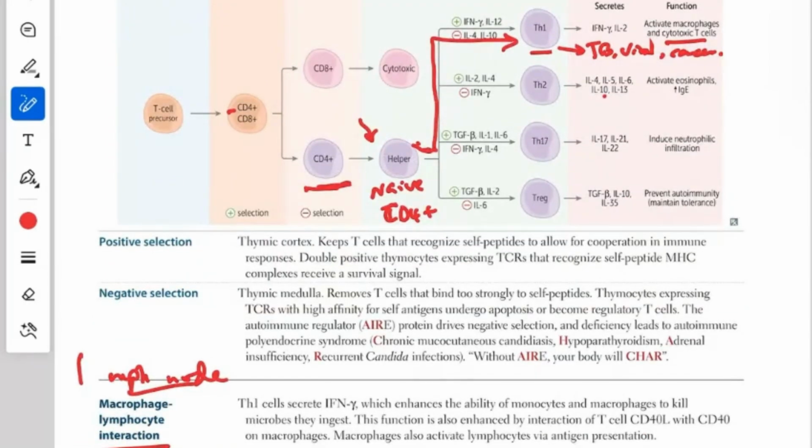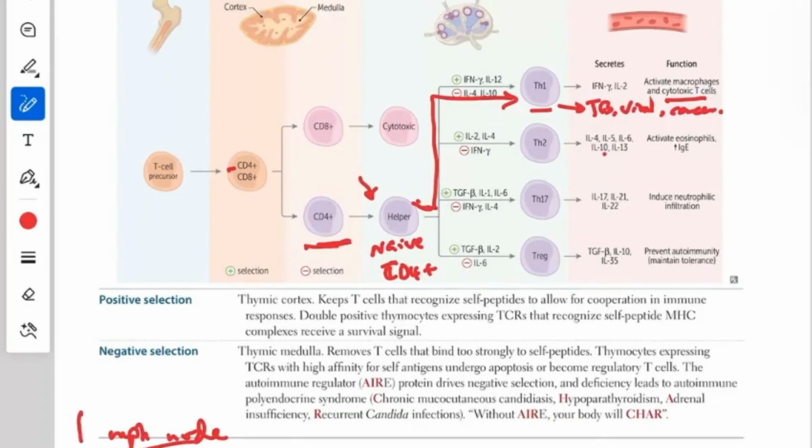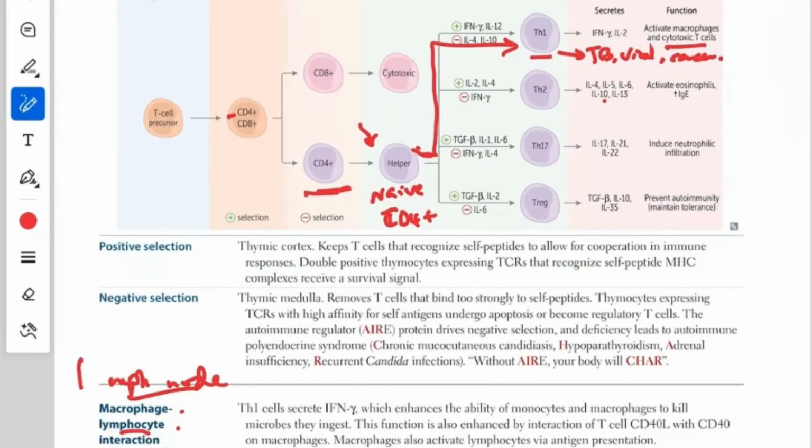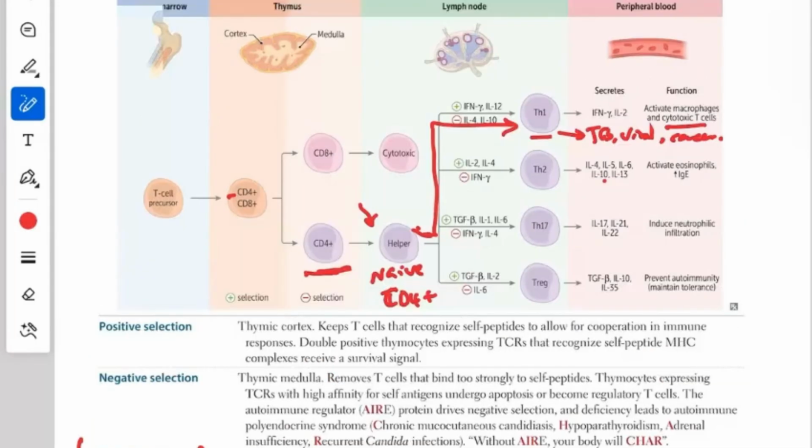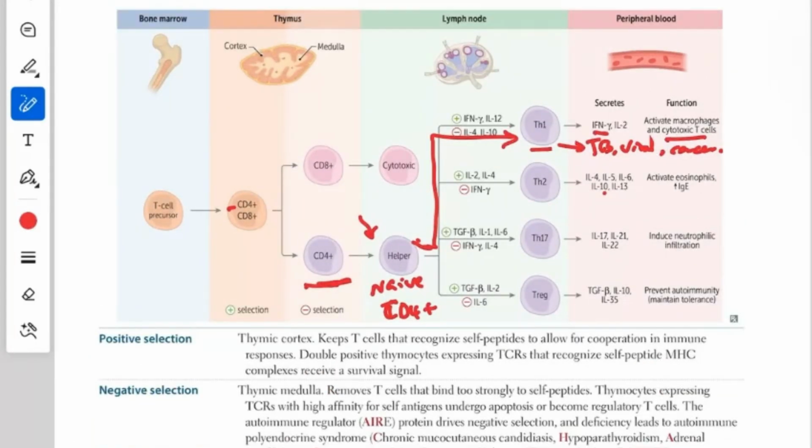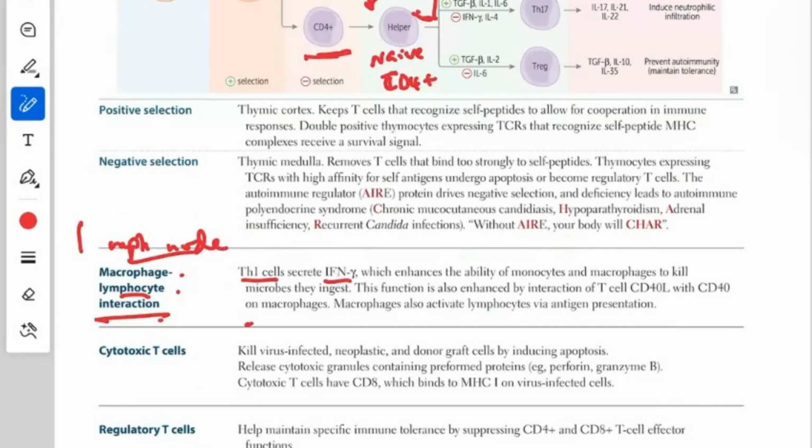When the macrophage, which is an APC, interacts with the naive CD4 cell, that will induce the naive CD4 cell to become a Th1 cell. And that Th1 cell secretes interferon gamma, which you can see here, and enhances the ability of the macrophage to kill microbes they have ingested.